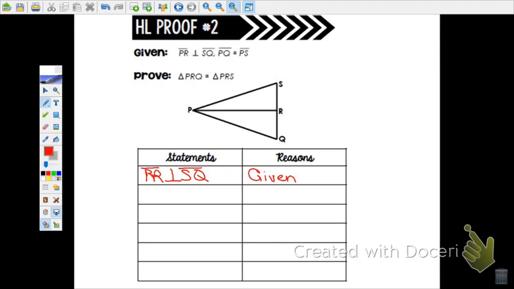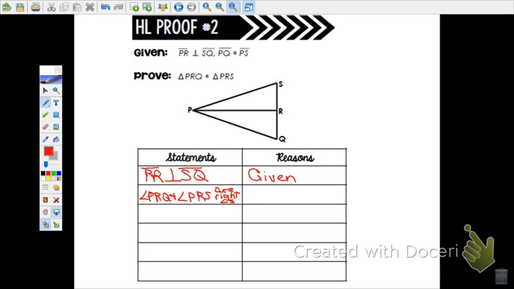Angle PRQ and angle PRS are right angles. How do we know that's true? I'm saying they're right angles.